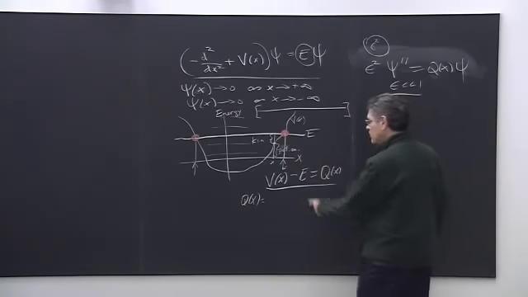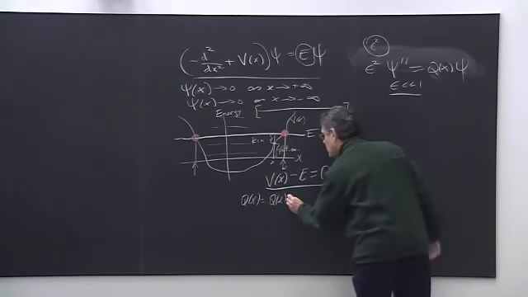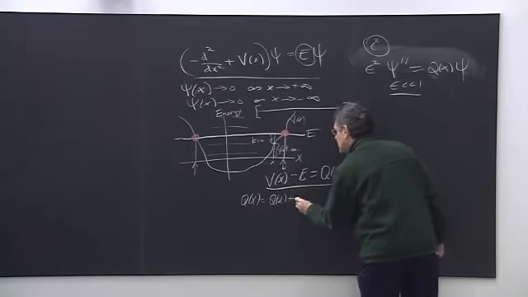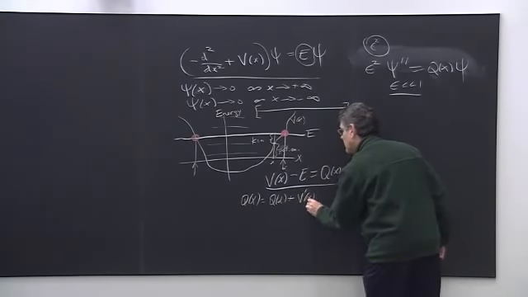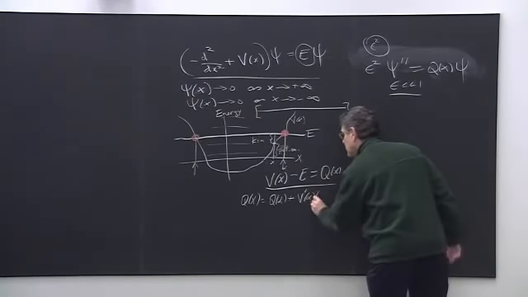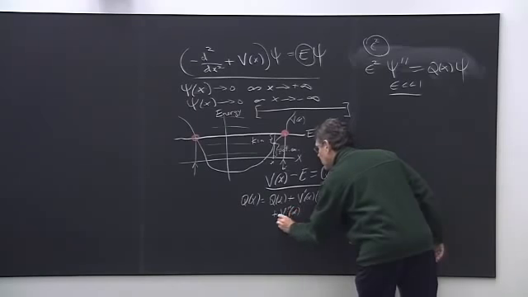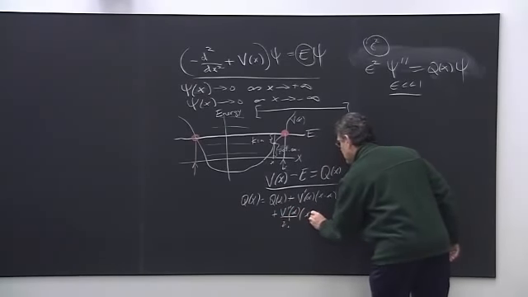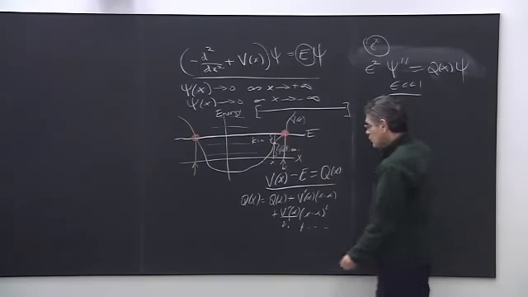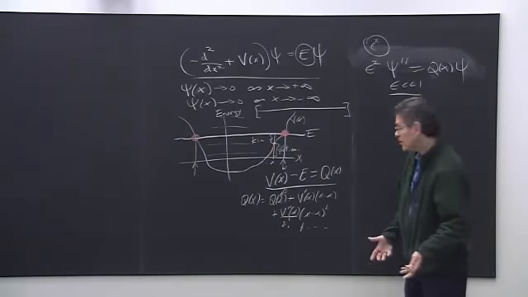Then if you Taylor expand this, the first term will be Q of alpha, and the next term will be Q prime evaluated at alpha, but Q prime would be V prime of alpha, because the derivative of E is 0. V prime of alpha times x minus alpha. And the next term would be V double prime of alpha over 2 factorial times x minus alpha squared, and so on. And of course, we know that Q of alpha is equal to 0 by definition because it's a turning point. It vanishes.